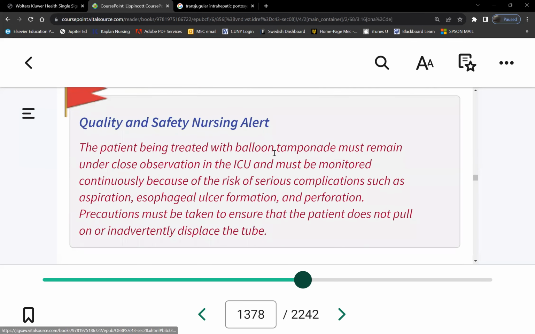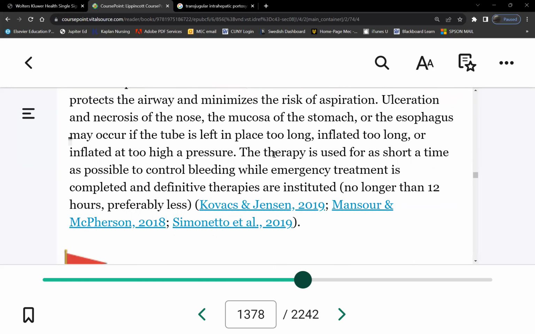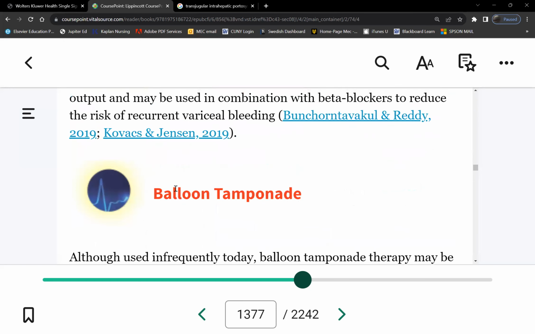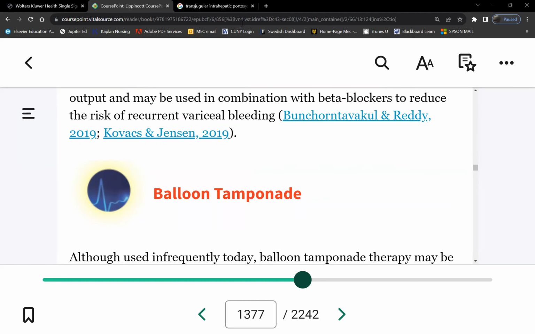Okay, so patient comes in, bleeding profusely. We do a CAT scan. Oh, it's a bleeding varices. We insert the tube. Let me show you how big this is. You know what? It won't come out.